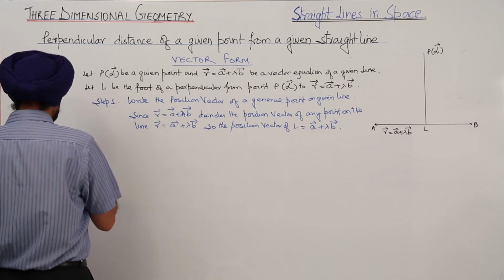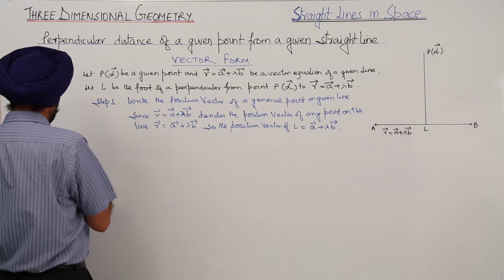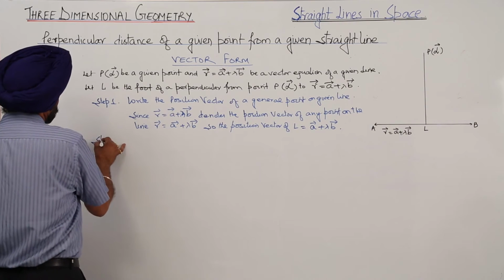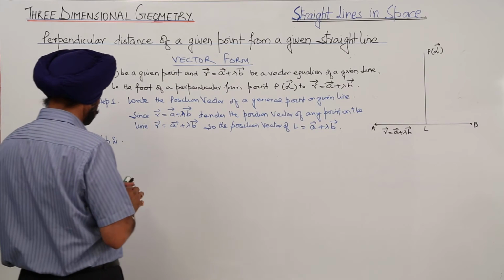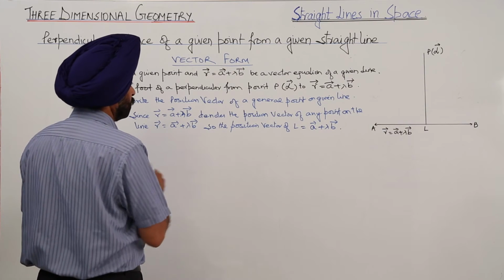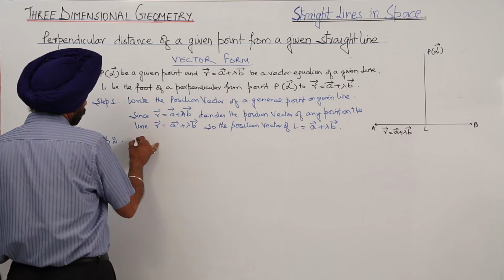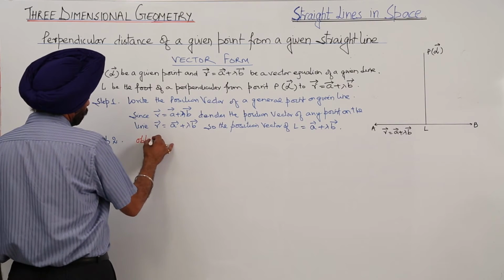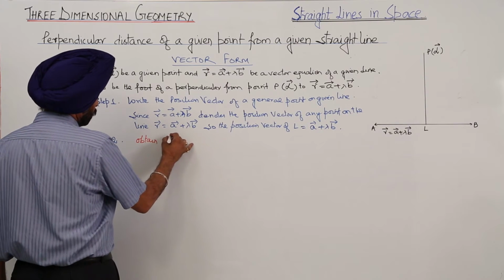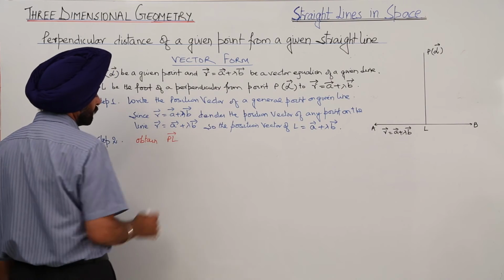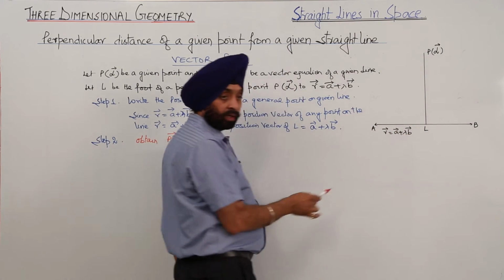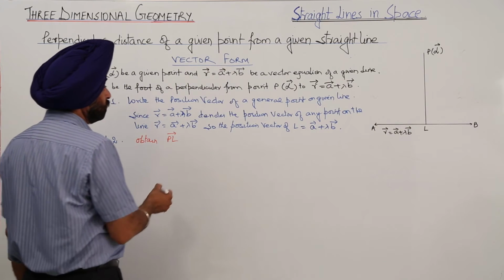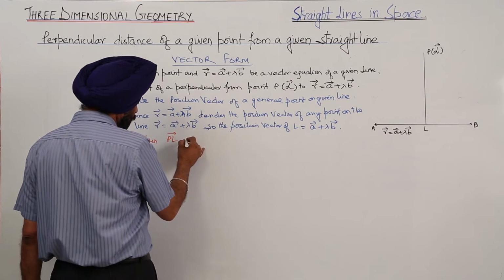So this was step 1. Now step 2: obtain the value of vector PL, from P to L. How are we going to do it?